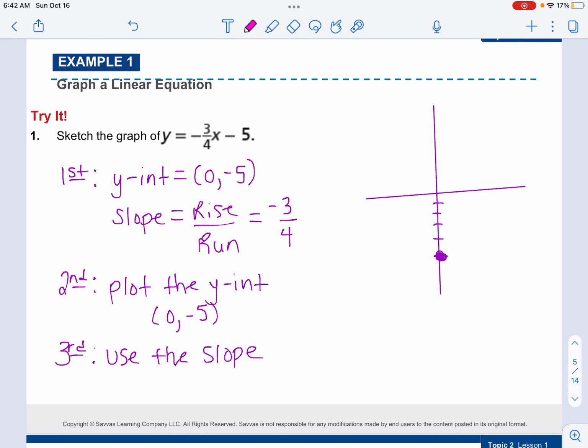Our slope is -3 over 4, which is going to tell us to go down 3 and to the right 4. So from that y-intercept, I am going to go down 3 and then to the right 4. My second point ends up being about here, and I draw a line through both points. And you have your graph.